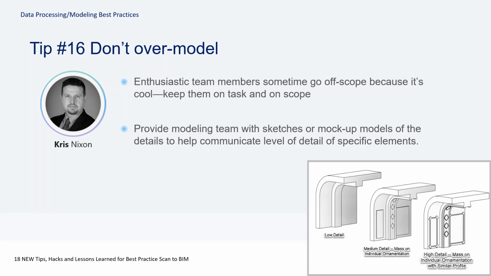It is, and we do a lot of in-house modeling, but we also use a lot of subcontract modeling, and that has been something that we've had to really work on over the years.